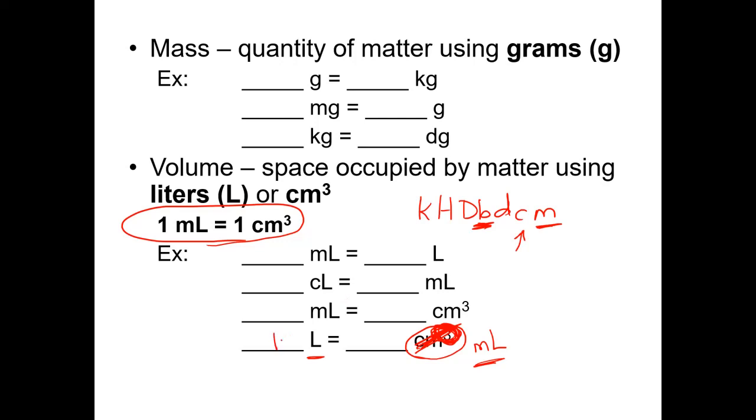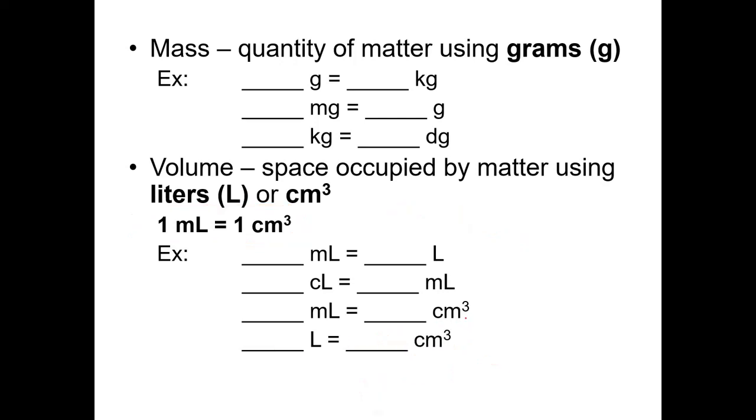Your liter is furthest to the left-hand side of your King Henry died by drinking chocolate milk. That's part of your base. So I put a 1 there. I move 1, 2, 3 places. So I need 1, 2, 3. So 1 liter is 1,000 milliliters, which is the same as 1,000 centimeters cubed, which is what this question asked me for. Okay?